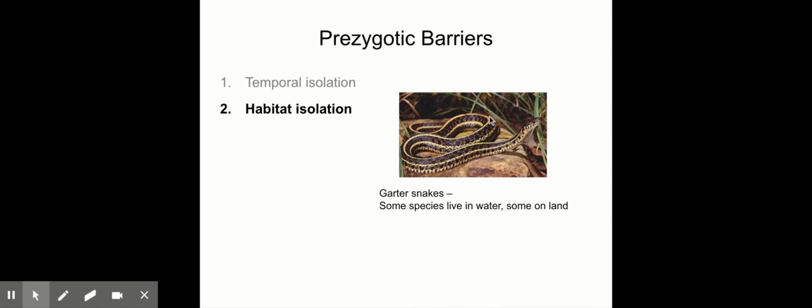Garter snakes are a good example, because some species live primarily in water and some live on land. If they're living in water, they're reproducing in water, interacting with other garter snakes who live in water, so they're not going to reproduce with the species that lives on land. The fact that they use different habitats keeps them separated, and they're not going to breed together.